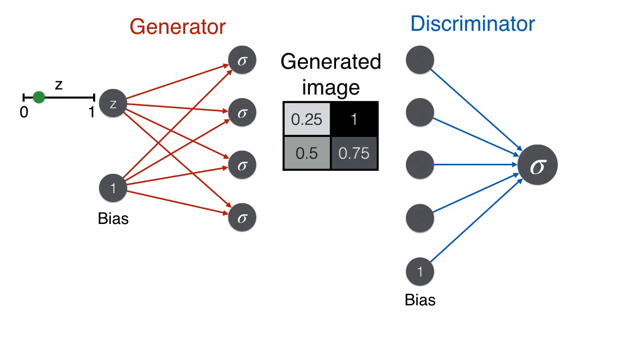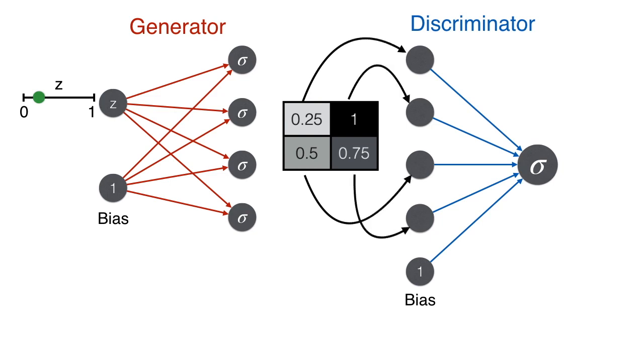Now we pass that generated image through the discriminator so the discriminator can tell if it's fake or not. The discriminator outputs a probability. So let's say that it's, for example, 0.68. Now pay close attention because this is where the rubber meets the road. This is where we define the correct error functions.